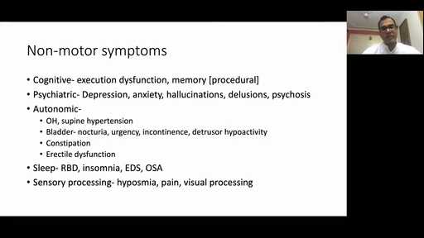Autonomic symptoms. So I asked you earlier about few things that can prolong life in patients with Parkinson's disease. So till now, all we have done is improve the quality of life. But autonomic dysfunction management prolongs life as well. So you have orthostatic hypotension, which can be very dangerous, as well as you have supine hypertension.